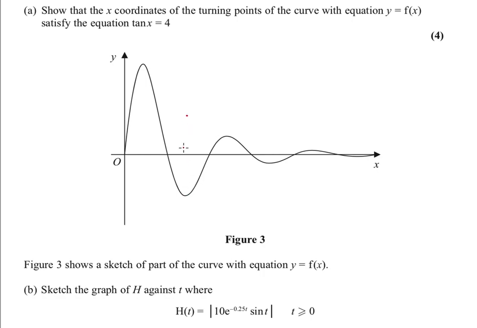So I'm going to have a point like this. This is going to be exactly the same, but then this is going to flick back up again. So that's the shape of the modulus graph.